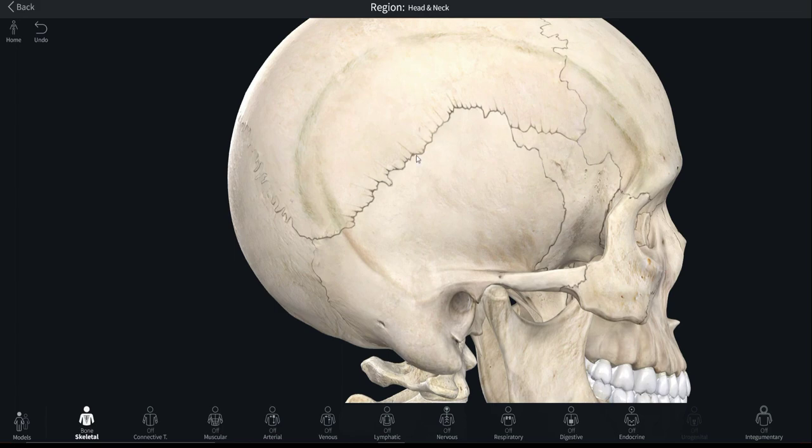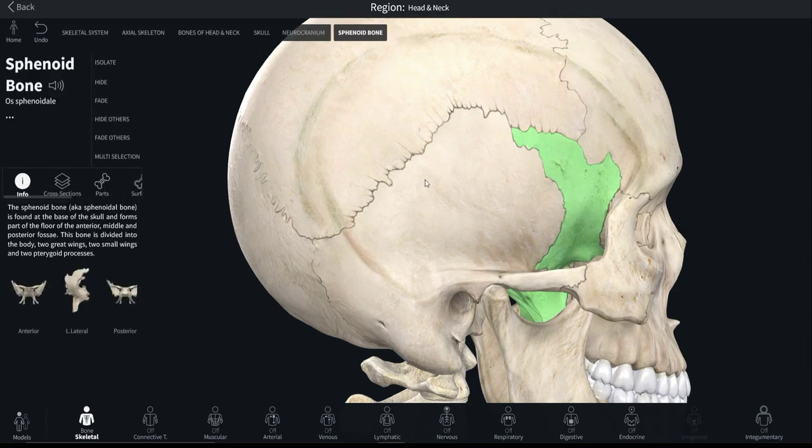The inferior border along its antero-inferior angle over here is articulating with this bone. What is this bone? This bone is the sphenoid. See, this is the sphenoid bone.